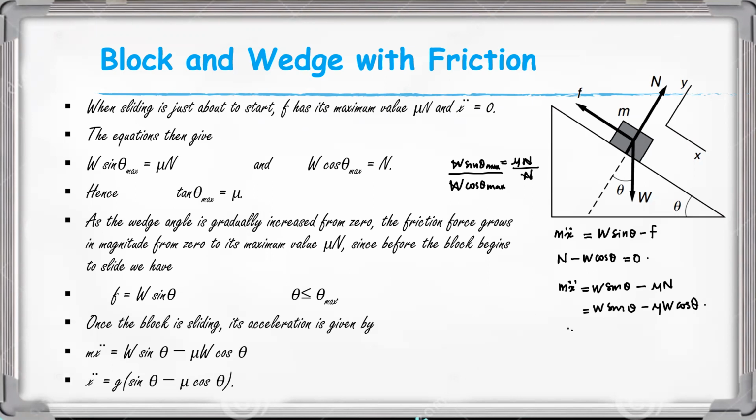Then we simplify this. W is equal to mg. Then m x double dot is equal to mg sin theta minus mu mg cos theta. Then here we cancel out all the m, and we take g outside, then g times sin theta minus mu cos theta. This is the value of acceleration.